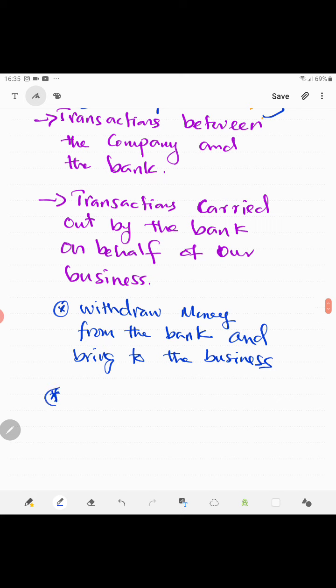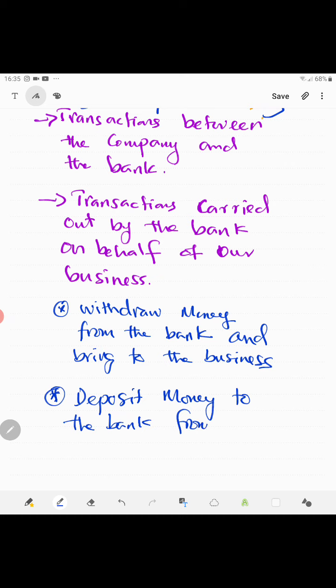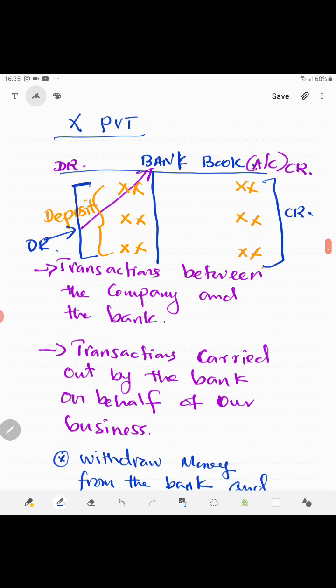Second example, we will deposit money to the bank from the business. We will record this here.